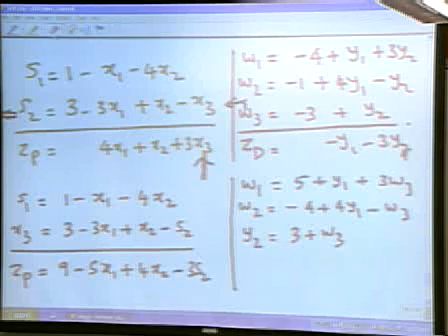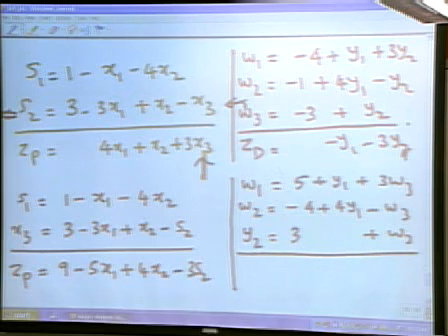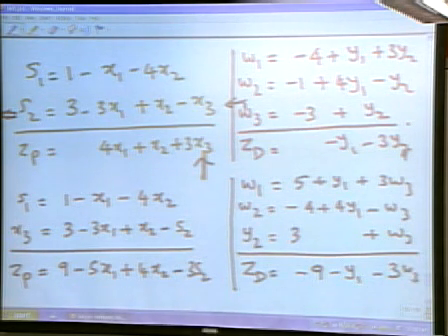Actually, I just want to write this in a slightly different way. Let's say y2 equals 3 plus w3. And of course, vd is going to be minus 9 minus y1 minus 3w3. That's the dictionary we end up with.